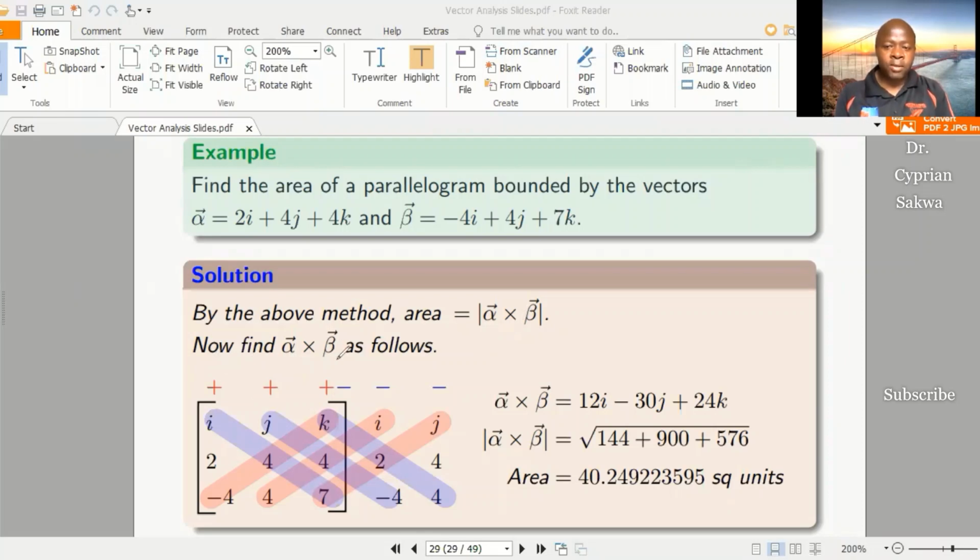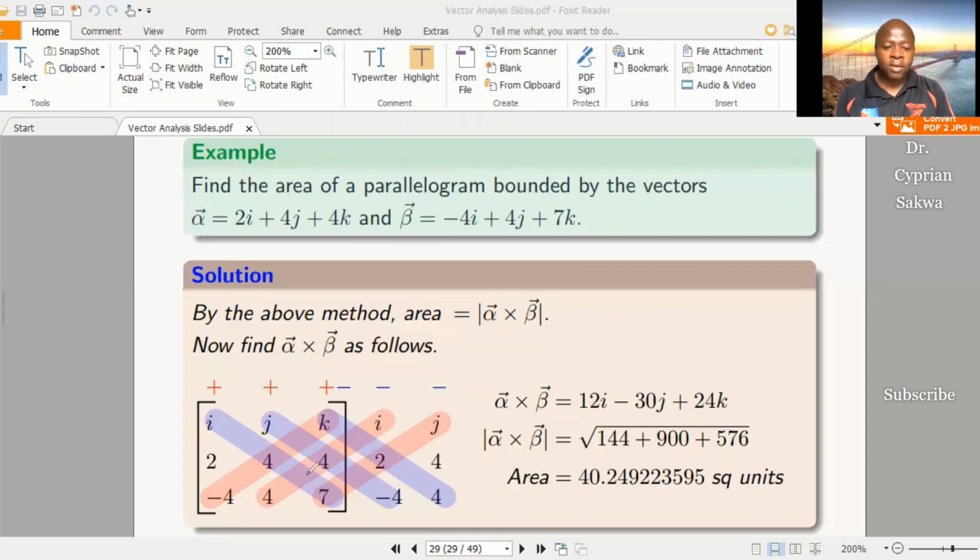And so we proceed with our simple way of getting the cross product, using i, j, k. We write the coefficients of alpha, 2, 4, 4, and the coefficients of beta, -4, 4, 7, and then these two columns, we add them here, the column of i and the column of j.